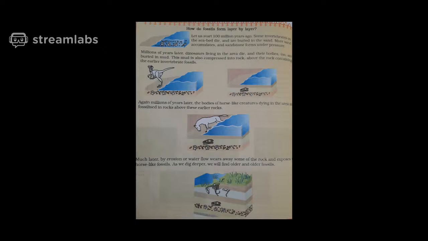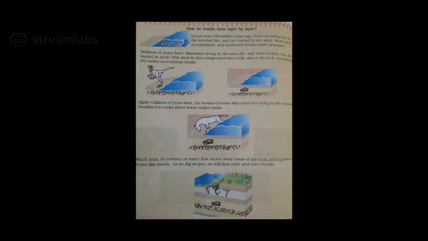Now, the same horse parts were distributed in 3 different layers. Now, you cannot conclude based on the layers. It becomes wrong because the fossils of the same animal are distributed in 3 different layers. Then how to identify the age of the fossil now?